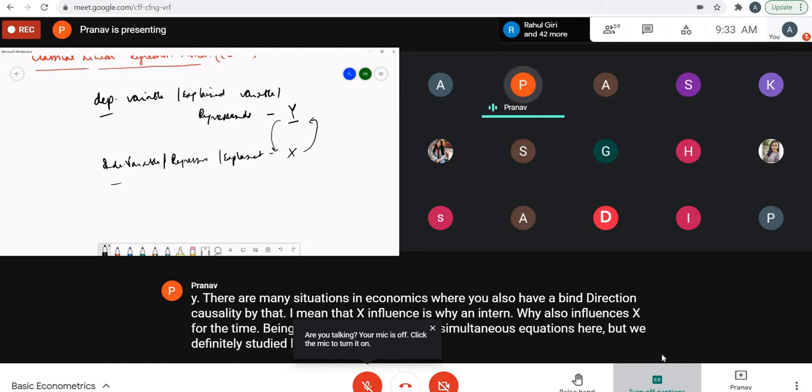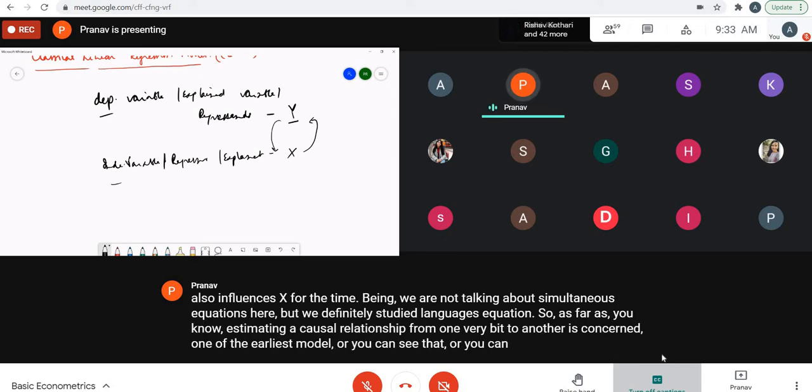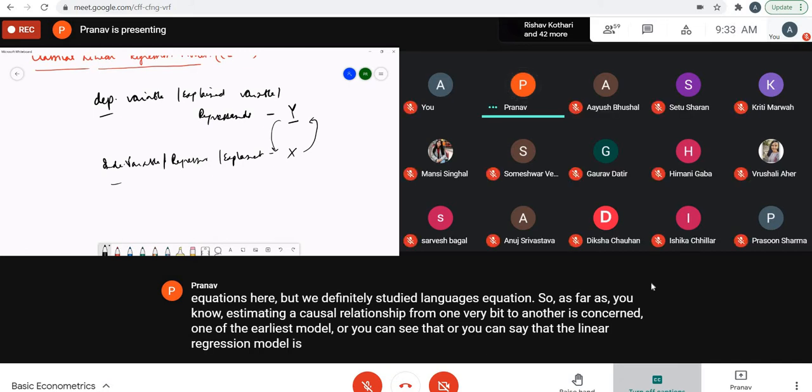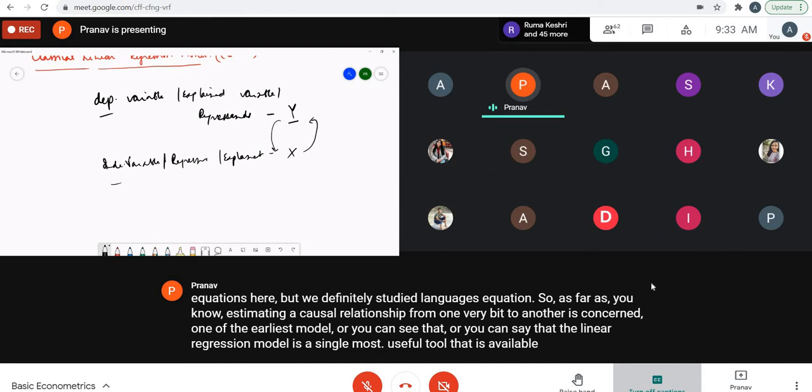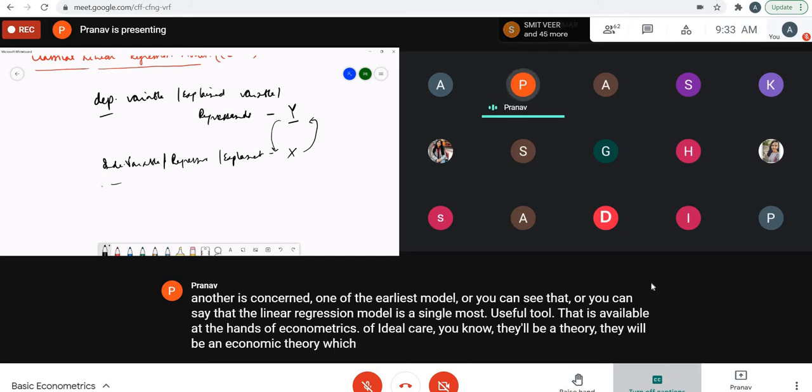So as far as estimating a causal relationship from one variable to another is concerned, one of the earliest models, the linear regression model, is the single most useful tool that is available in the hands of econometricians. Now what is ideal? There will be an economic theory which will define a precise and deterministic relation between y and x.